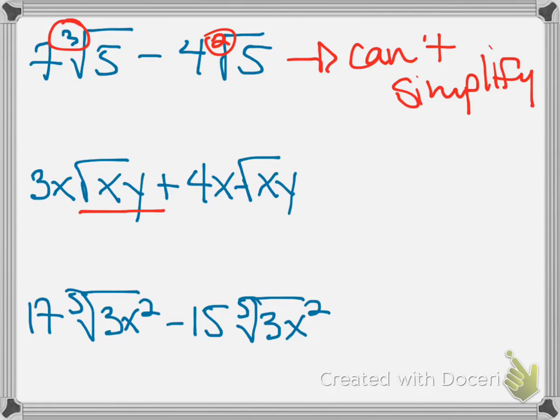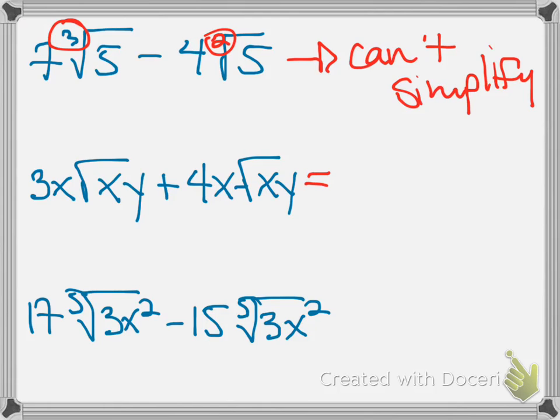Here we're dealing with a square root of xy and a square root of xy. So this is one where we actually can simplify this expression a bit. There are a couple of ways to think about a problem like this. The way your book explains it is it talks about using the distributive property.